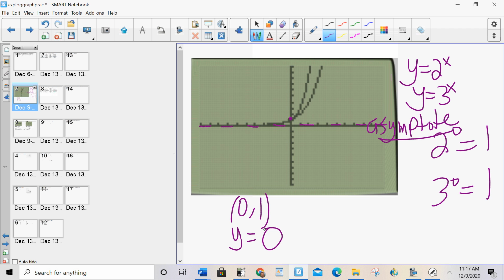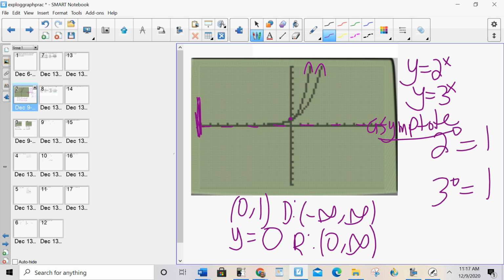So, the domain of both of these is negative infinity to infinity. There's a graph out here, again, it's going on forever, getting closer and closer but never touching, and since there are arrows, there's graph all the way out to the right, so the domain is always negative infinity to infinity. The range starts at 0, but not including 0, and it goes to infinity.